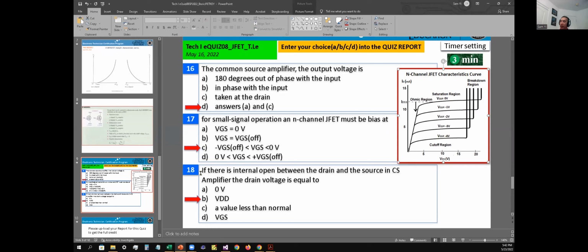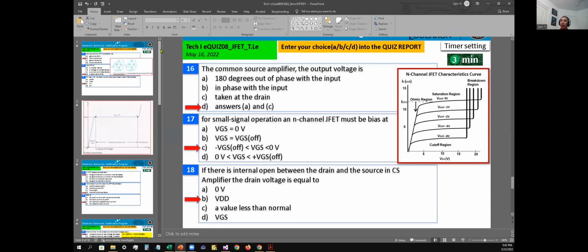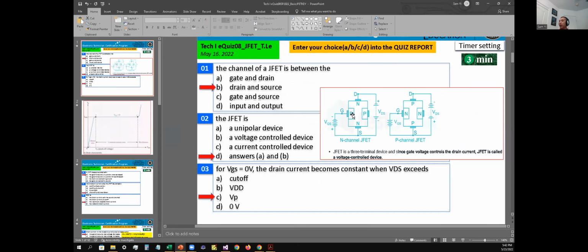Okay, number 18, if there's an internal open between the drain and the source in the CS amplifier, the drain current is mainly going to go equal to VDD. There's nothing else to go through. So if it's completely open, if internal is open, the voltage here at the drain would equal whatever the drain voltage would be.